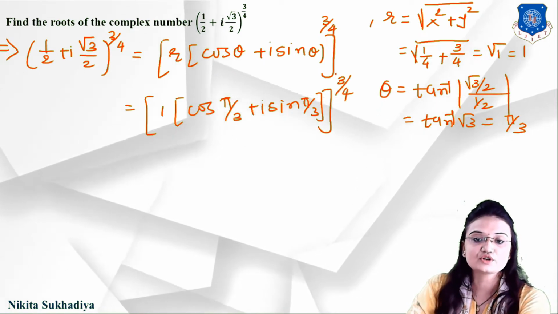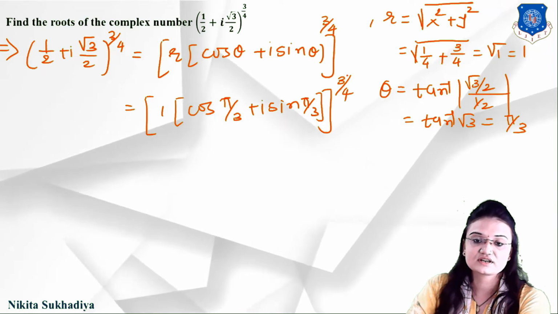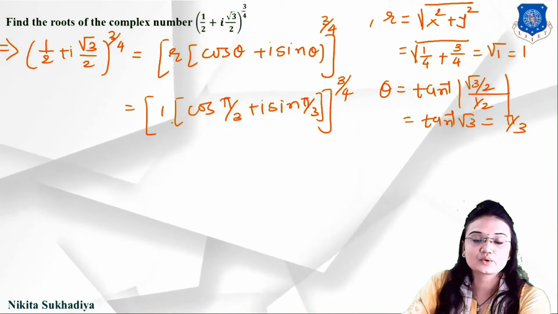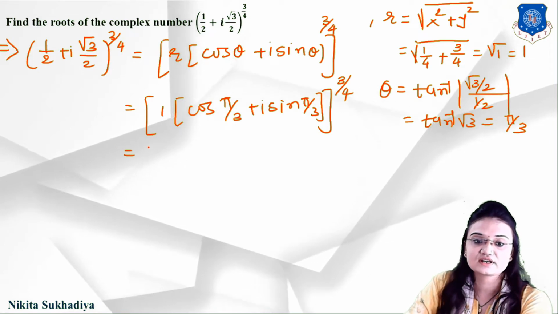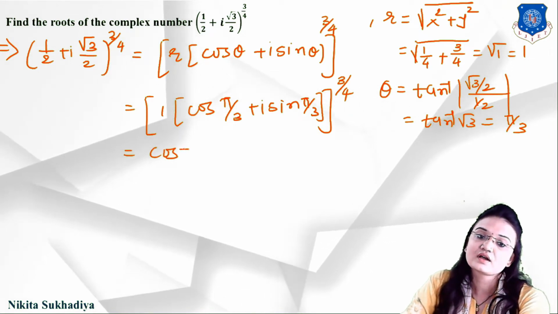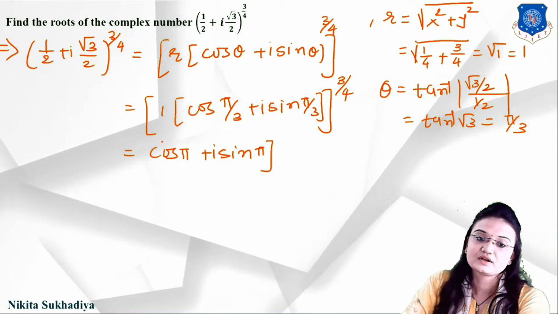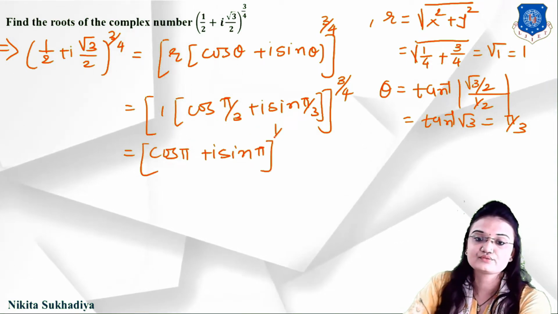Okay, now first of all use De Moivre's theorem, because here we have 3 by 4. So first take 3 in this theta place according to De Moivre's theorem. So we will get cos pi plus I sin pi raised to 1 by 4.